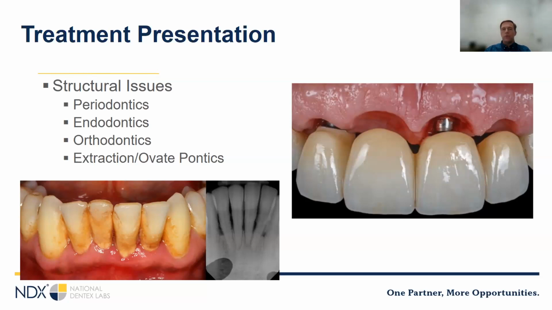Of course, we have to control any periodontal disease, and we need to make a plan to prevent recurrence. And one of the things we need to talk about is, do we think that the patient is going to do the necessary home care? If we make a very complex restoration that's difficult to clean, and we don't think the patient is going to follow through on it, then we're probably not doing them a service.